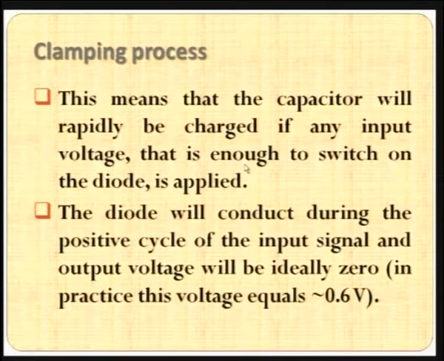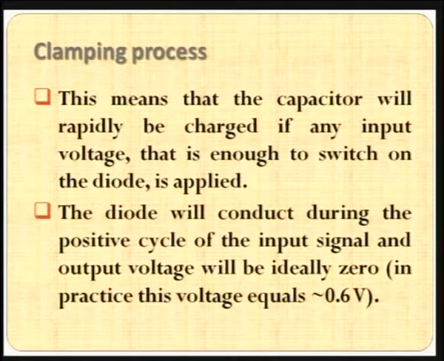This means that the capacitor will rapidly be charged if any input voltage that is enough to switch on the diode is applied. The diode will conduct during the positive cycle of the input signal, and the output voltage will ideally be 0. In practice, this voltage equals 0.6 volt.